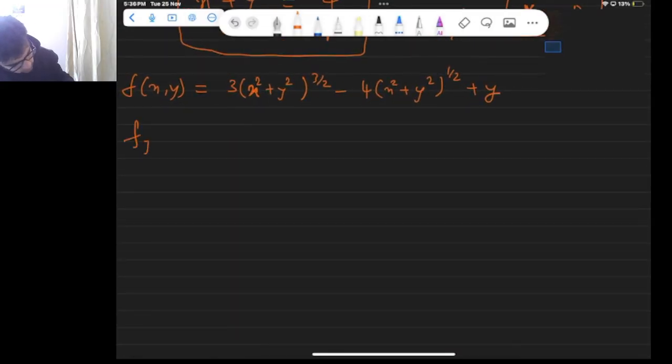Now the same process, treating x as a constant.